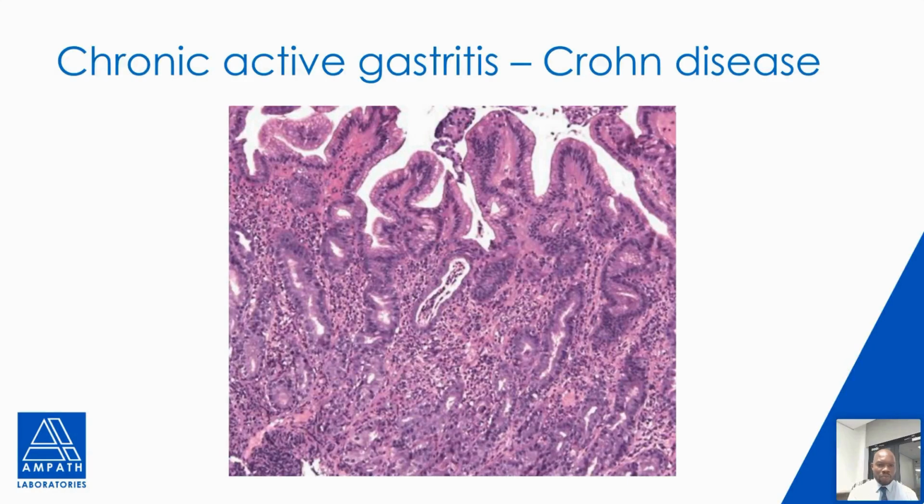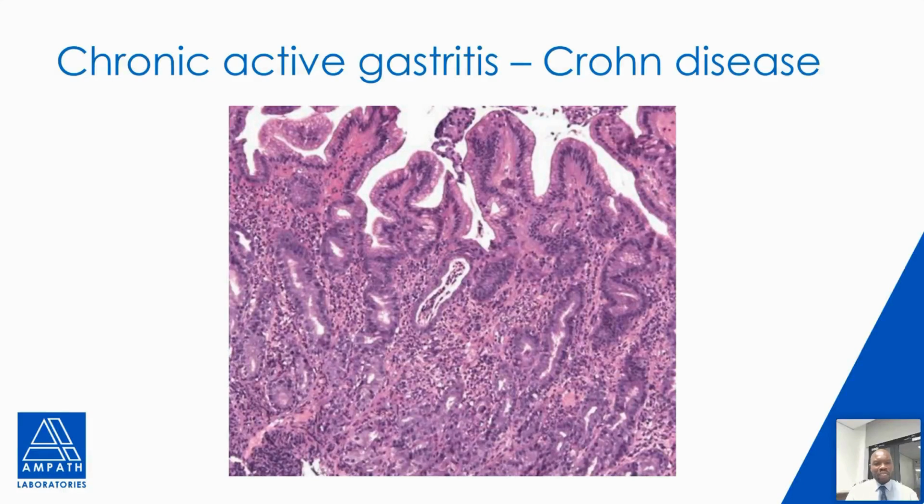You have microabscesses, so neutrophils within the crypts, and you also have cryptitis as well, with intraepithelial neutrophils. With that type of activity, generally you will find your H. pylori. If your H. pylori is not there, you may check with the clinician who sent the specimen if the patient is having other symptoms that may suggest inflammatory bowel disease.